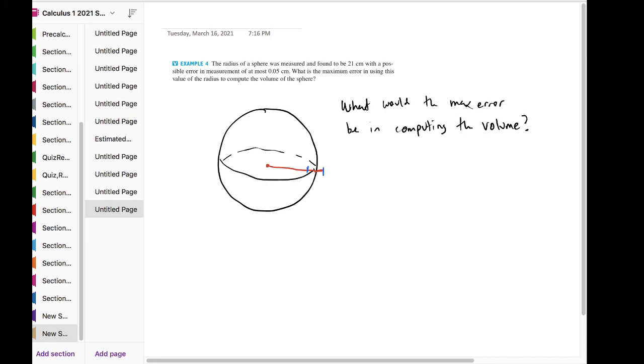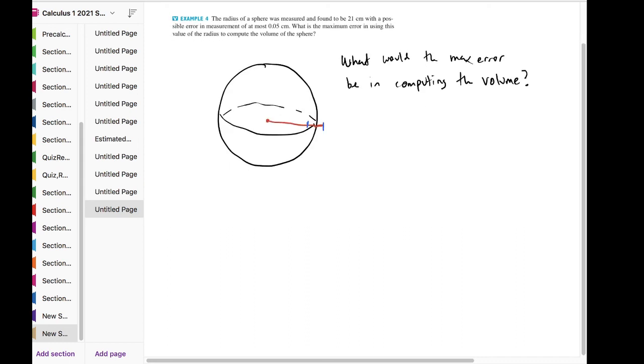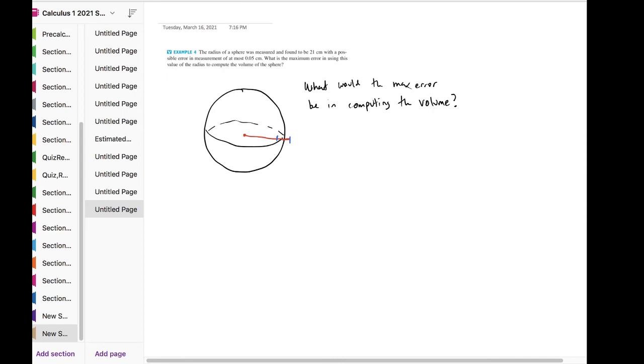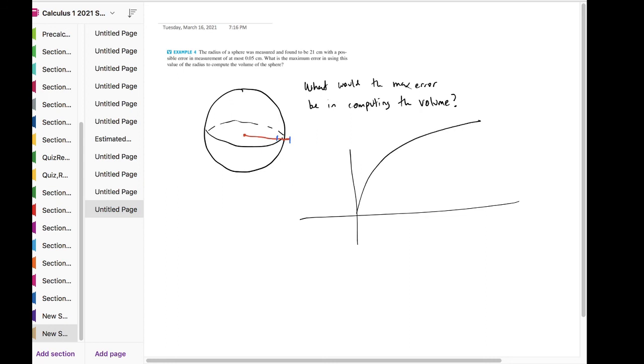Okay, so if you think about it as a function, let's say that this is a volume function. I'm just making something up right now. And let's say at radius equal to 21, that's the actual value.